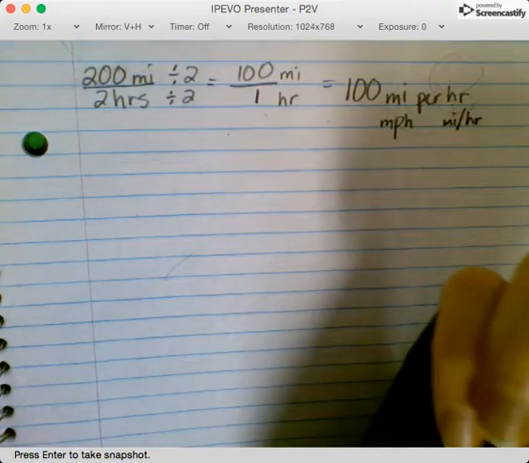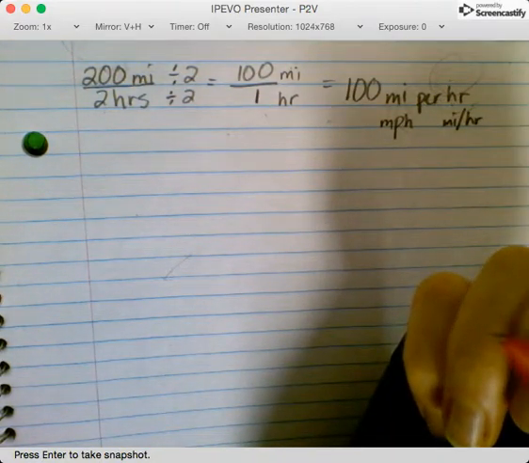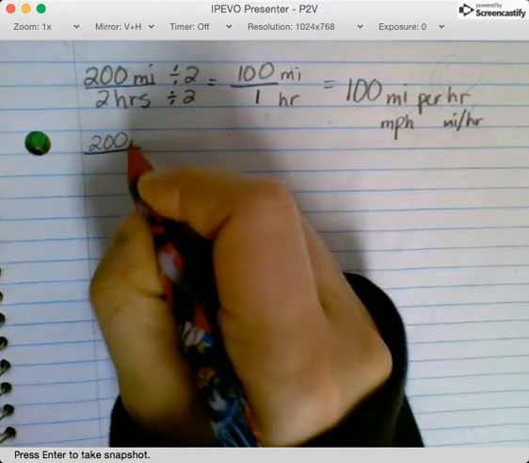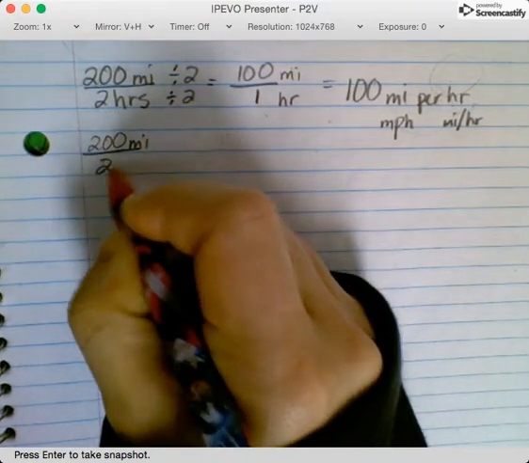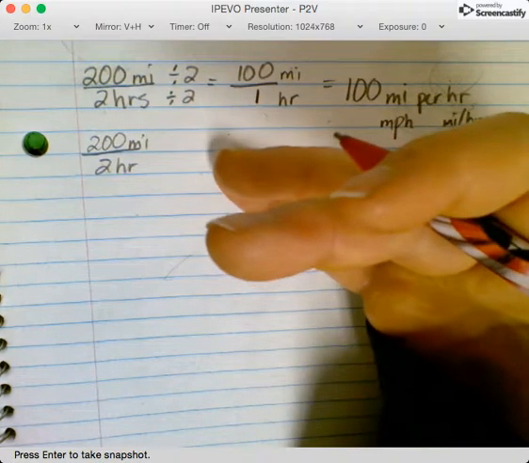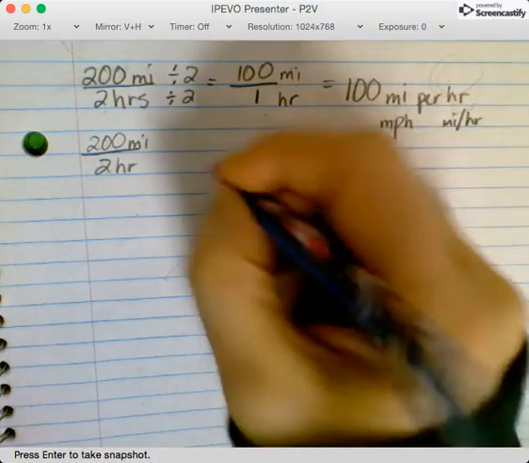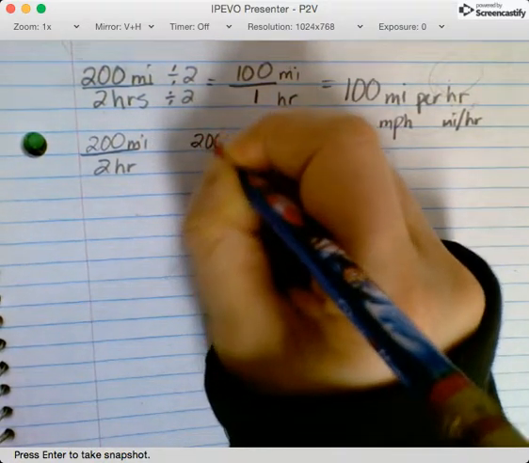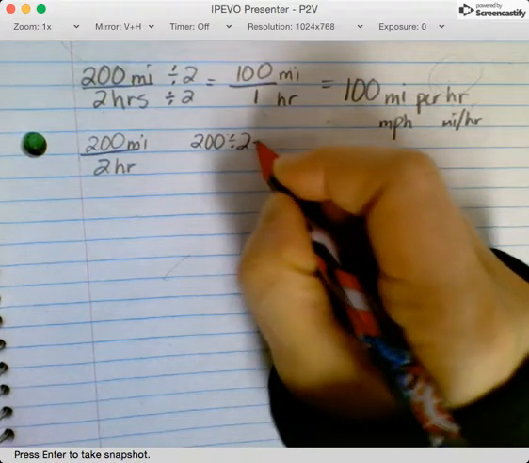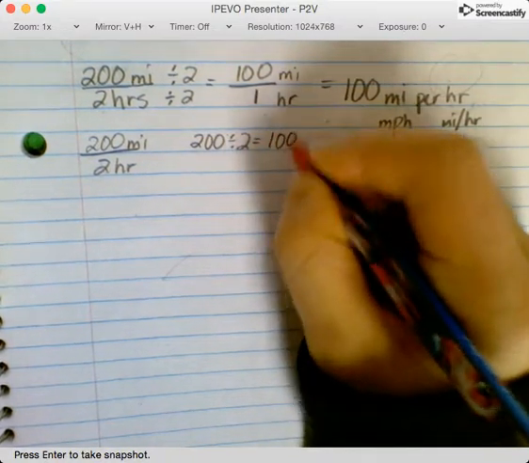Another way that you could do that is just start out with your 200 miles and your 2 hours and just divide the top number by the denominator. So your top number is 200 and your denominator is 2. And you put that over 1.